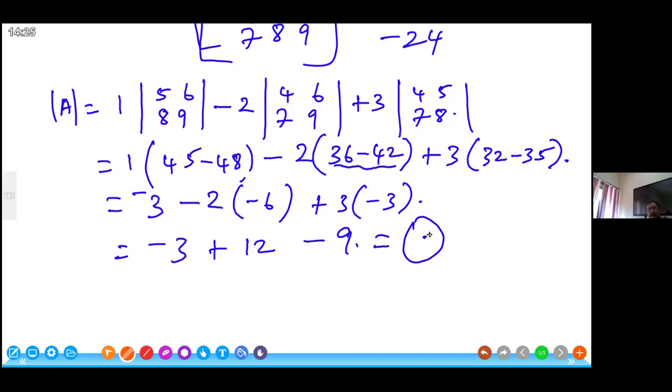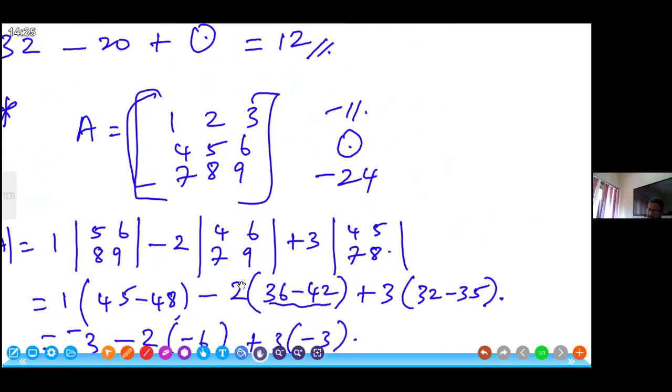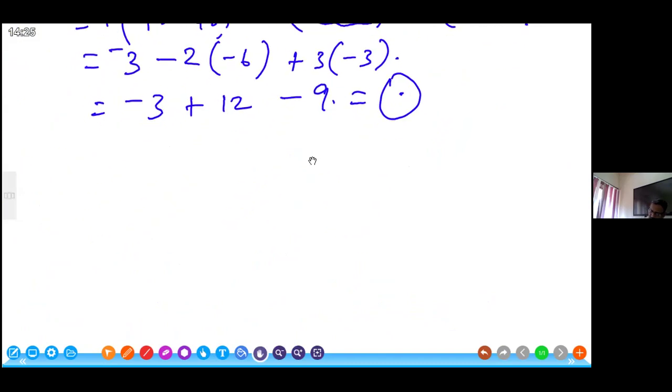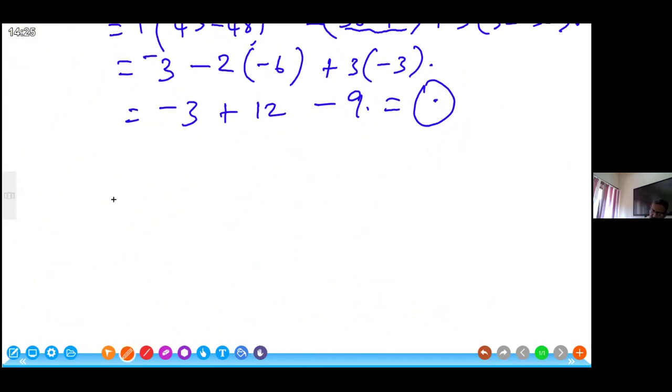Can you remember earlier I said if the determinant is equal to 0, it is called a singular matrix? Here, this is the matrix. Can you find out the determinant of the transpose of the matrix?